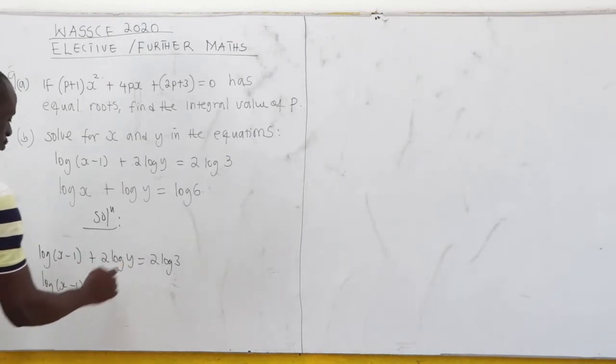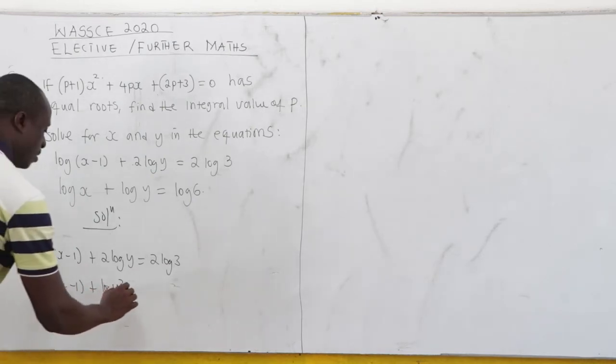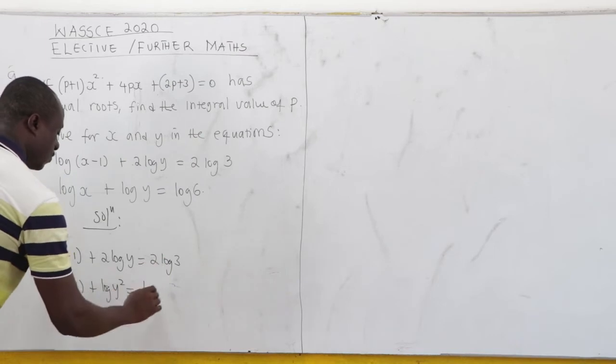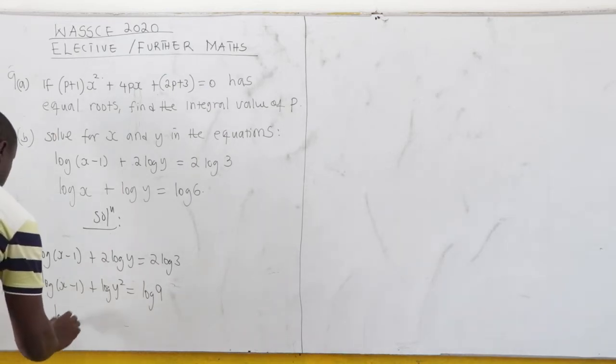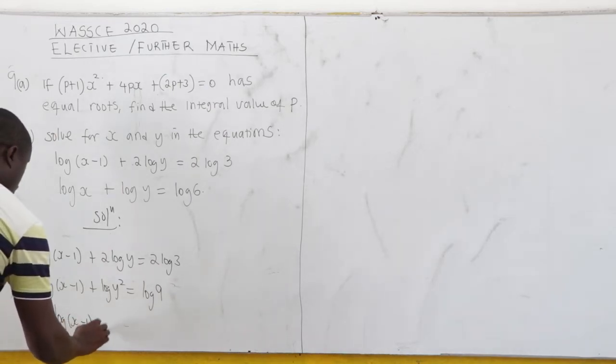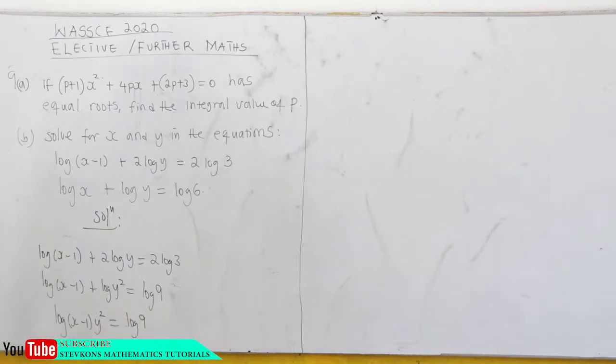Now the 2 moves up, so we have log y² equal to log 3², and this will be equal to 9. Now, log is telling us when we are adding, the bases are the same, we multiply. So this is just the same as log[(x − 1)y²] = log 9.